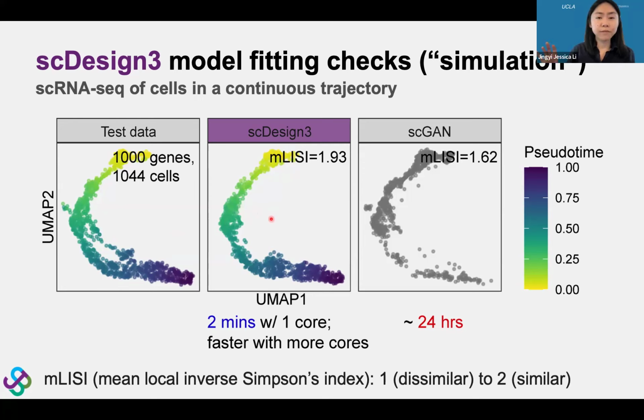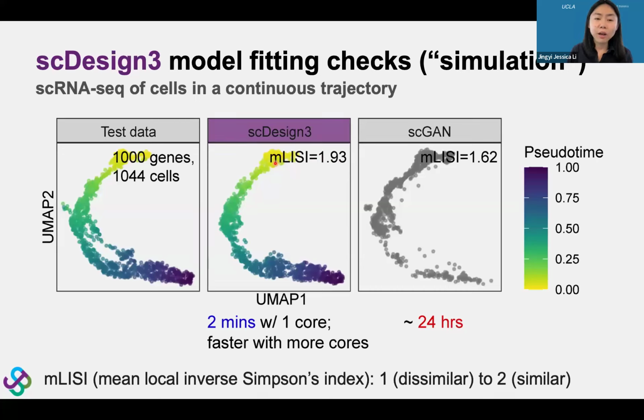If the proportions of the two groups of cells is half and half, this index will be 2. That's the ideal case. If the neighborhood is dominated by its own group, then the index is 1. So this index varies from 1 to 2, with 2 being most similar. So you see that we're having an even higher index.